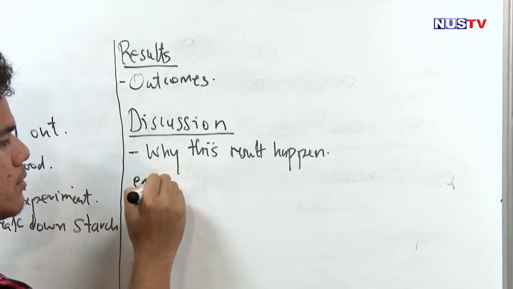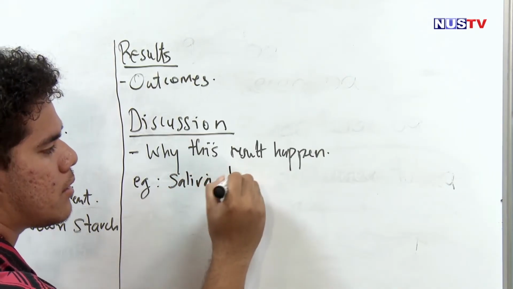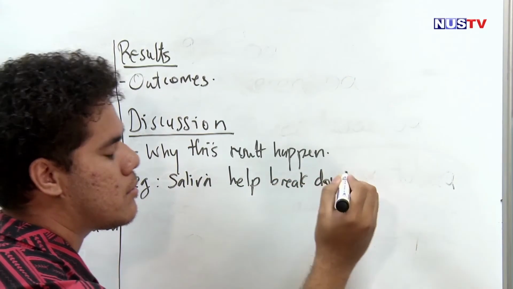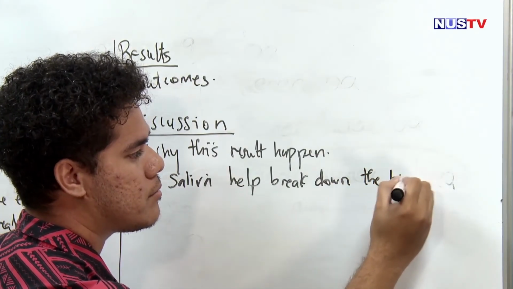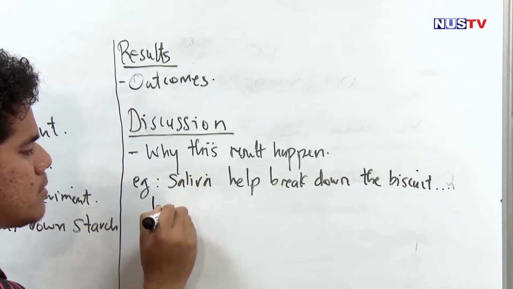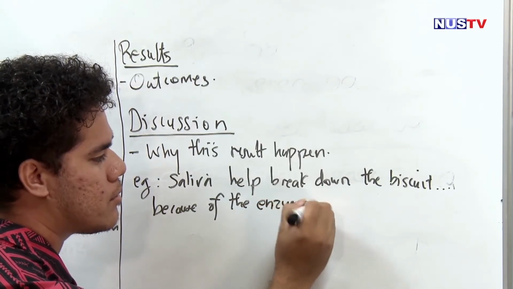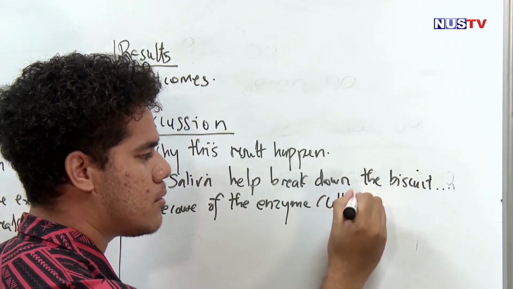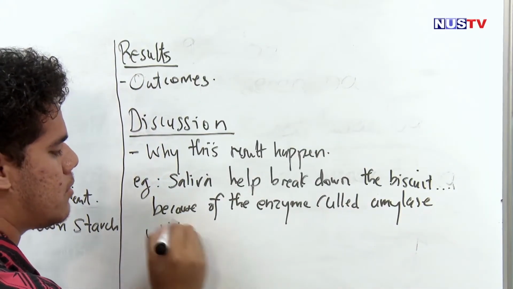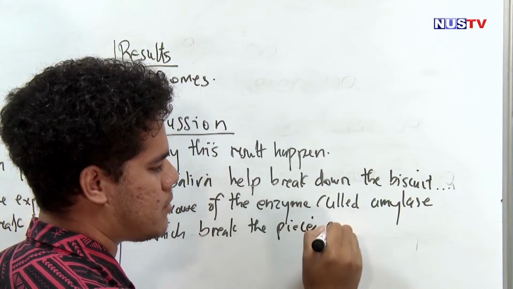For example, we can say that the saliva helped break down the biscuit, and then we say because of the enzyme called amylase, which breaks the pieces apart.